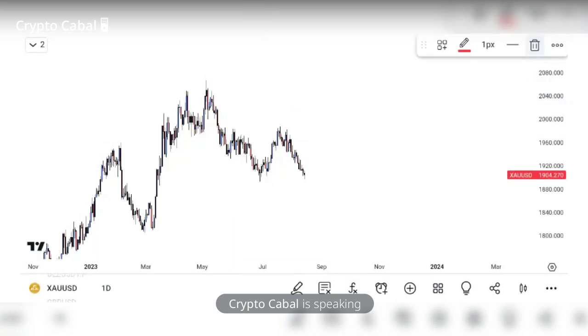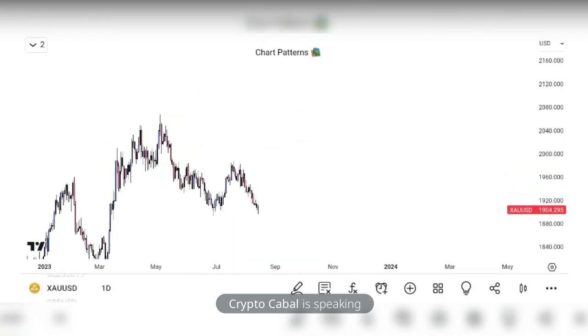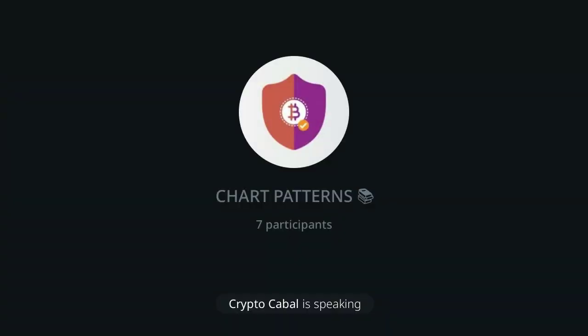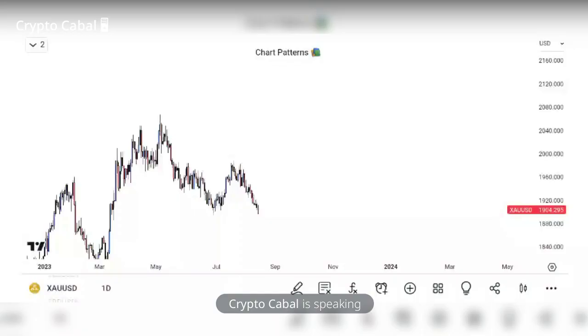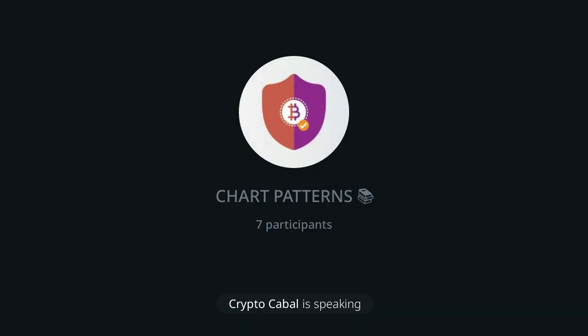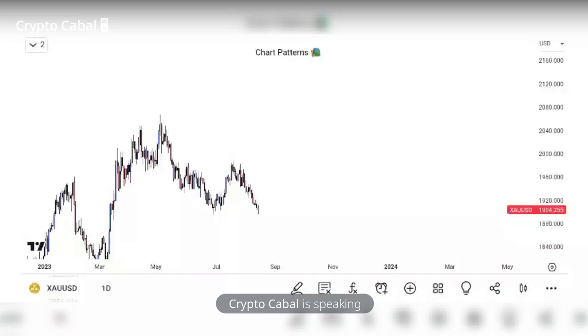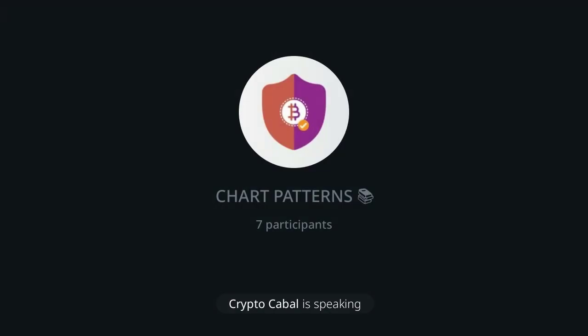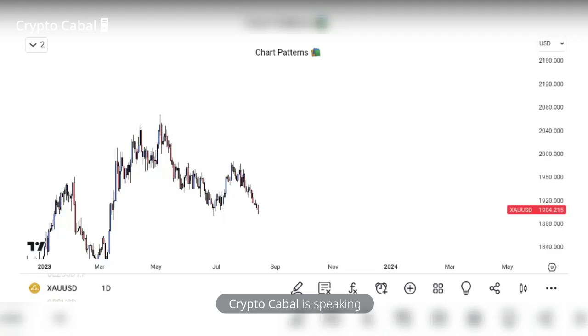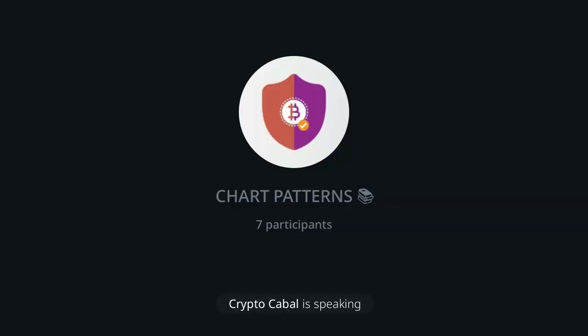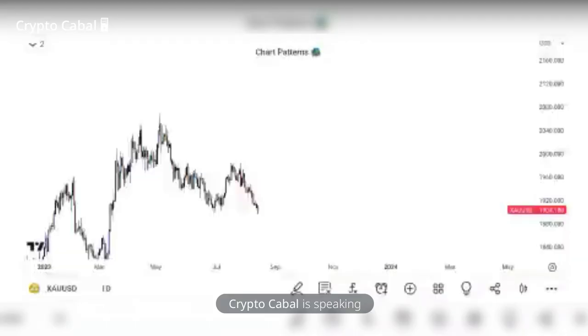So, chart patterns are just visual representations of price movements in the financial market. Traders or market analysts use these patterns to identify potential trading opportunities, and they also use them to make decisions, either to buy or to sell a particular asset.